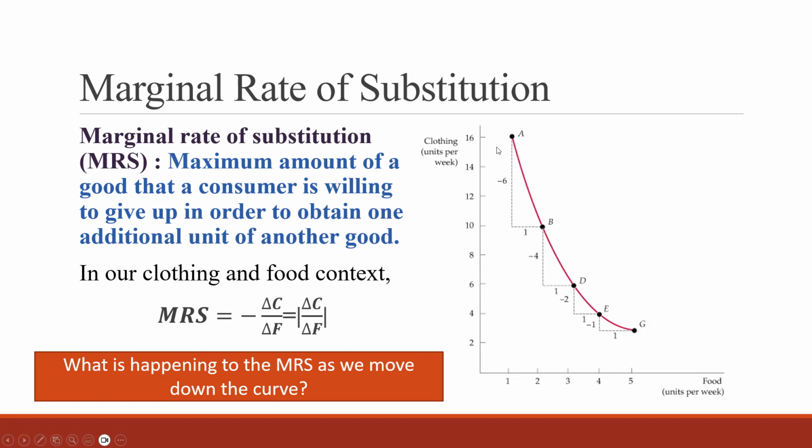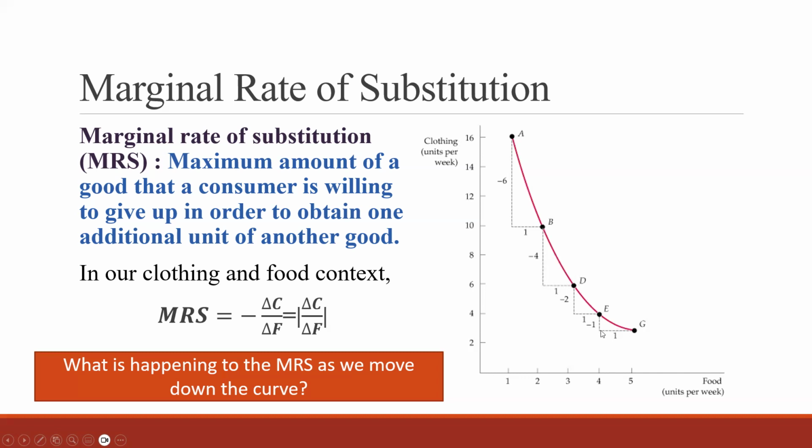Then it takes a lot of clothing to be forgone to offset the increment of utility coming from this additional unit of food, because we are low in food. That's why at the beginning, from A to B, we are willing to forgo a lot of clothing that we are already excessive of, right, for one additional bite of food that we are short for.